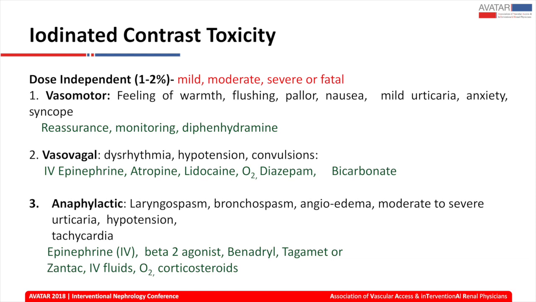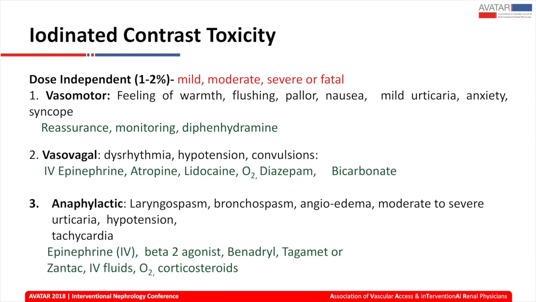There are three different categories of those. The easiest ones are the vasomotor ones, where you get just flushing and warmth, and you can potentially just simply reassure the patient, maybe use some Benadryl, and that will be all you need to do. Vasovagal reactions are the other ones, where you can have hypotension and dysrhythmias and convulsions, and you should have the drugs available to treat those.